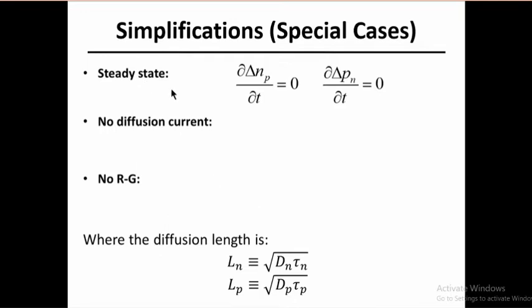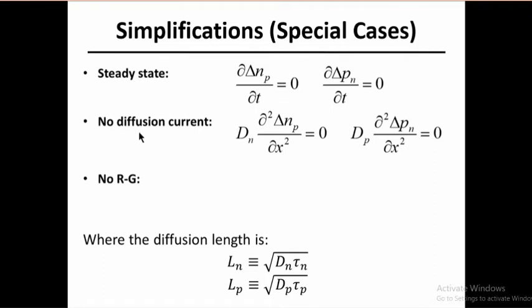Okay, steady state implies that the total flow rate is 0. Of course, here we're talking about only the excess carrier, and the same thing for N or for P in the material. If we have no diffusion current, that implies that this term from the previous equation will be 0.